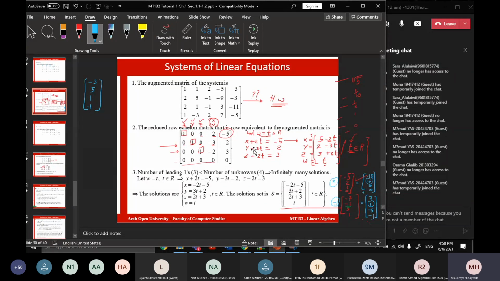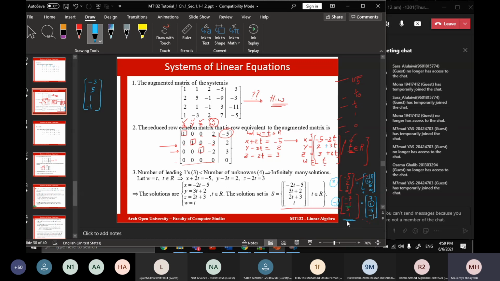There is a mistake here. y equals 2 plus 3t, correct? We wrote it as 2 minus 3t, but it should have been 2 plus 3t. So the solution here was obtained by mistake. So when we substitute t by 0, this is minus 5, 2, 3, and 0. Okay, this one is correct.